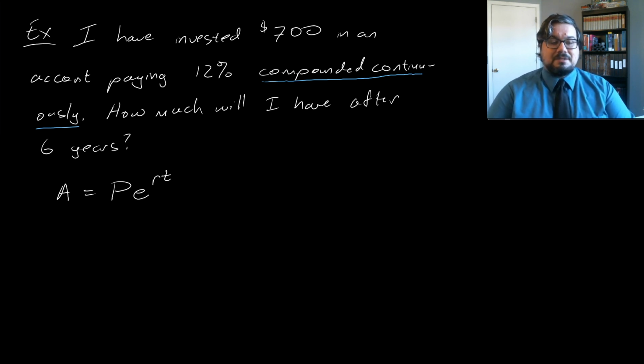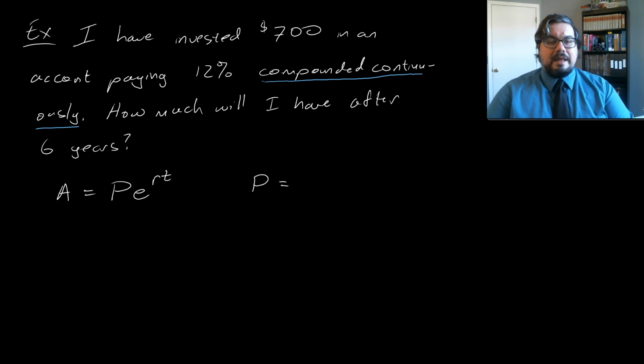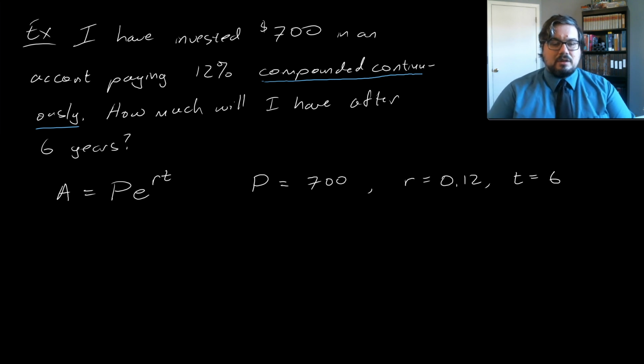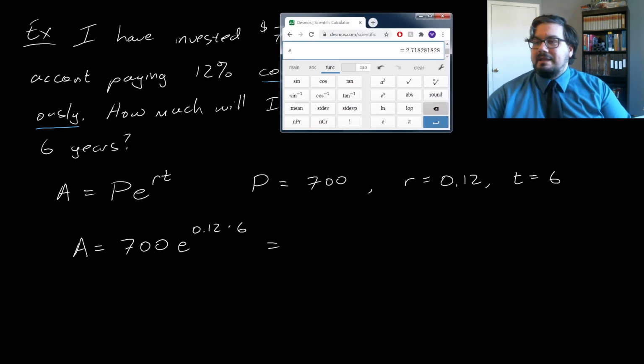Now we need to identify 3 of the quantities here, and in this case, P is 700, R is 0.12, and T is 6. So that means that the amount I have in my account will be equal to 700 times e to the 0.12 times 6. And this is something that we can do in the calculator.